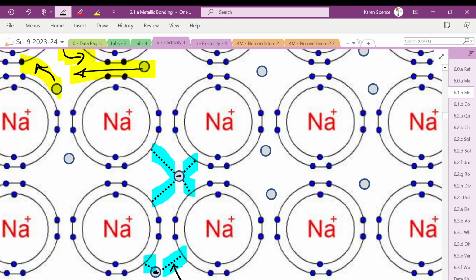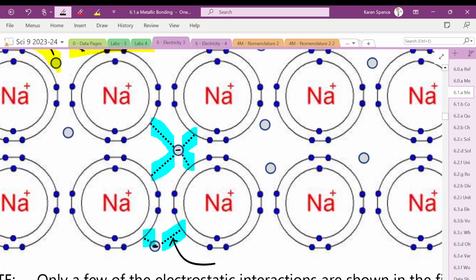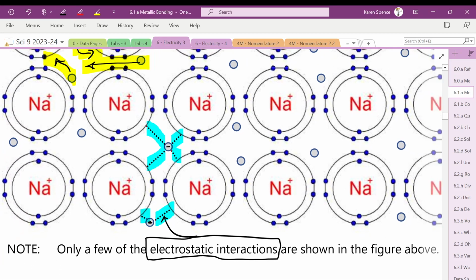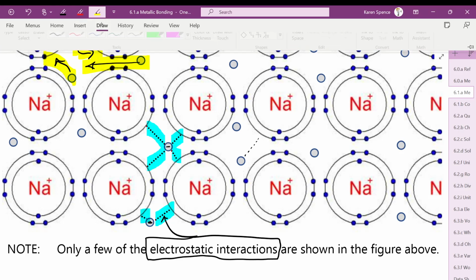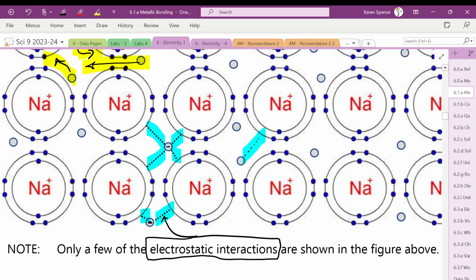So these right here are the electrostatic interactions. I've only shown a few, but you could literally draw more. You could say, oh, here's an electron, let's draw an electrostatic attraction over here. Let's draw an electrostatic attraction here. Are we okay?